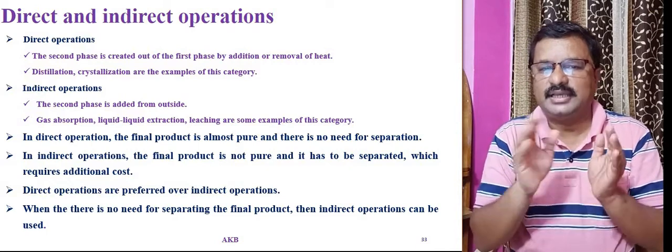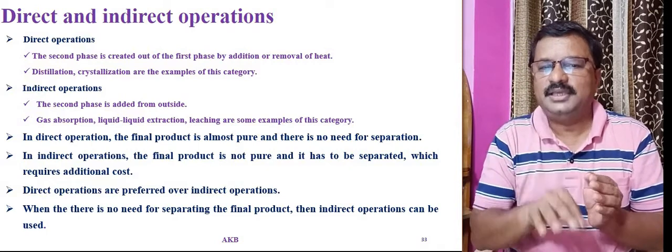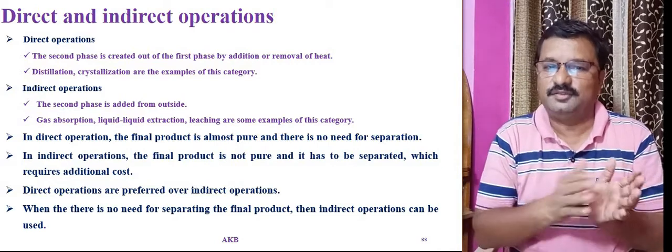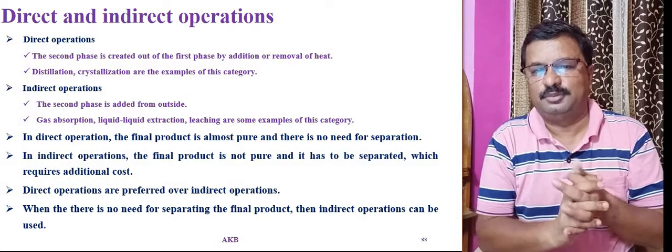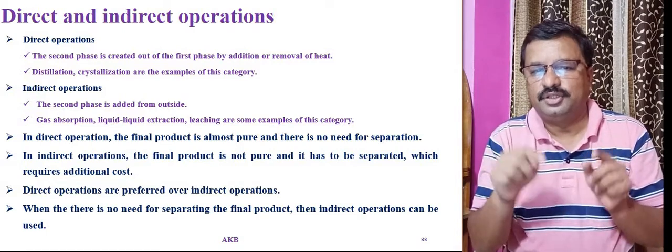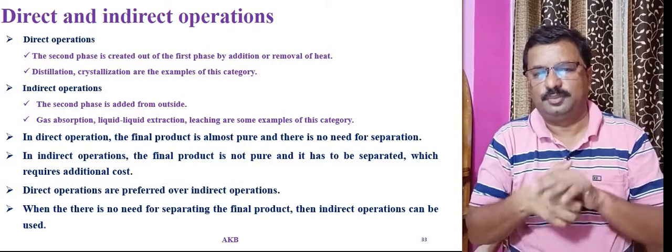So the hydrochloric acid solution itself will be the product, and there is no need of separating it from the solution, and that is why in that case you can use indirect mass transfer operations.